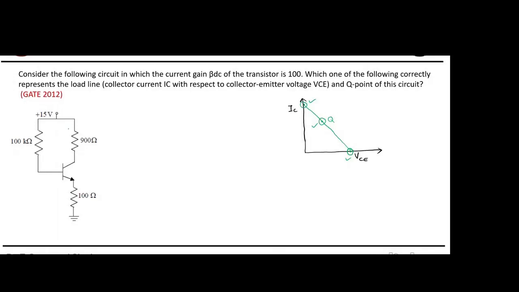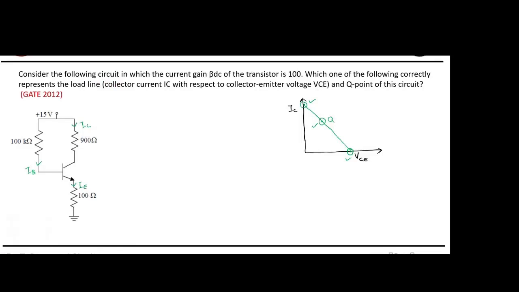Okay, now this is the circuit. The first thing you have to do is name the currents. So this one will be IB, this one will be IC, and this one will be IE. Is this fine? Yes, sir.